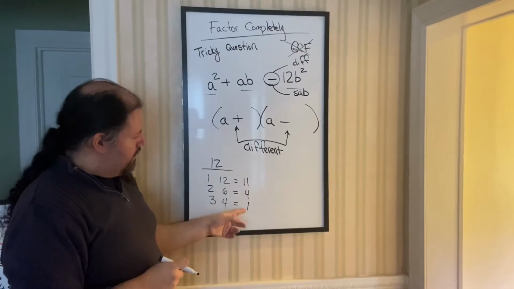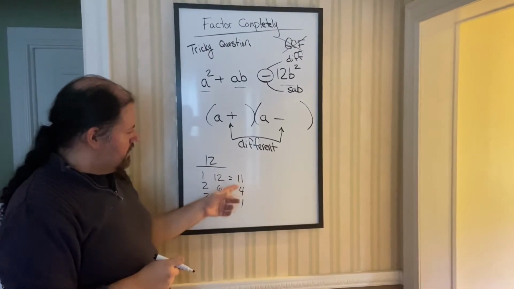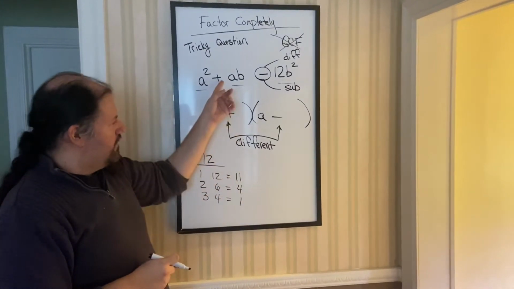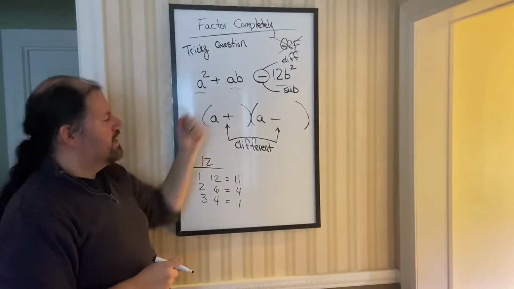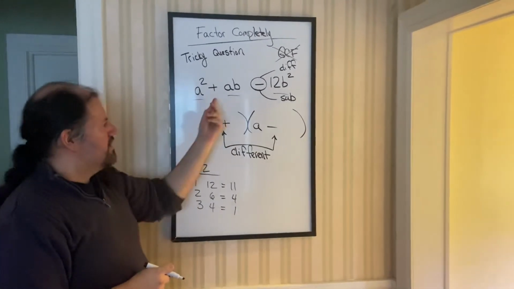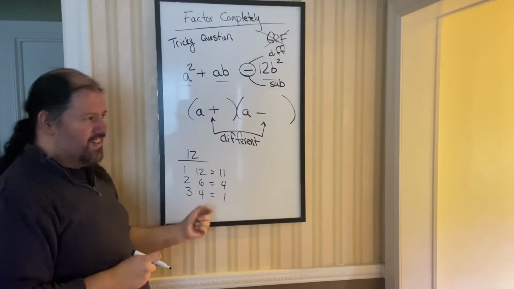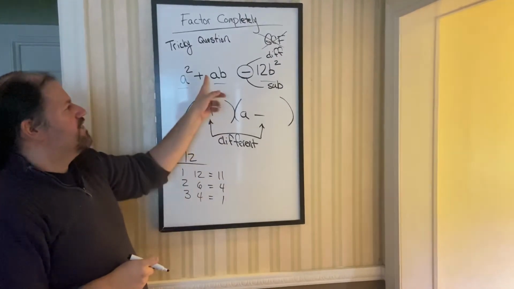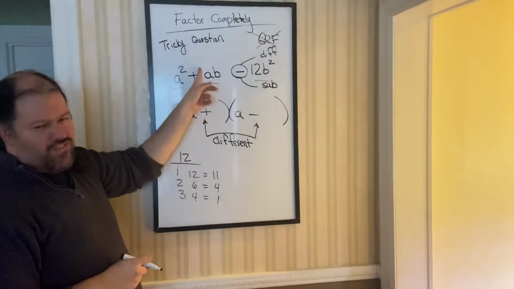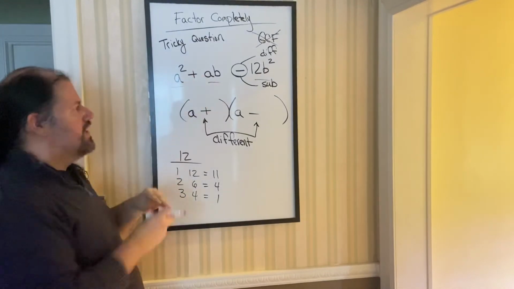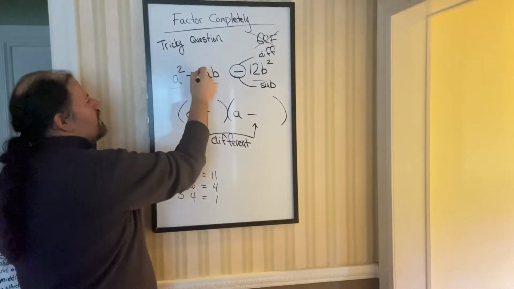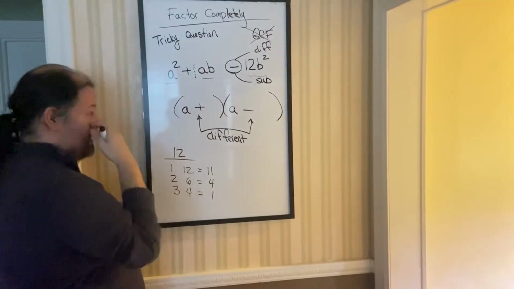Now, 5th step. Let's see if any of these matches the middle. Now this is where it's a little tricky. Some of you are going like, wait, there's no number here, so no match? Well, you got to remember how many times I said, if you don't see a number in front of the letter, the variable, there's always an understood 1. Because 1 times AB is AB.